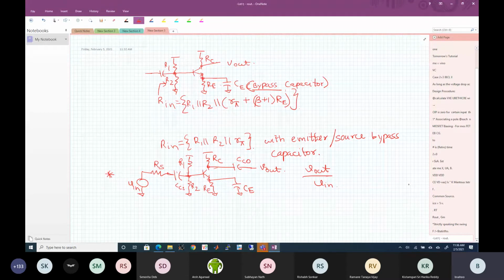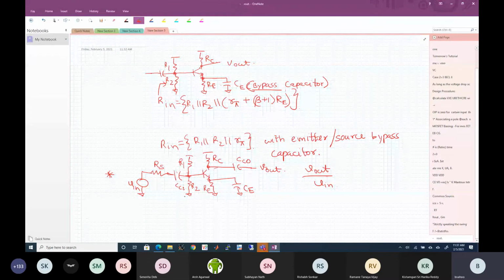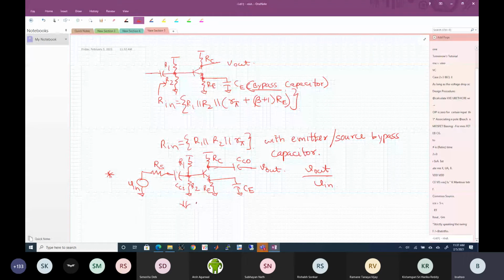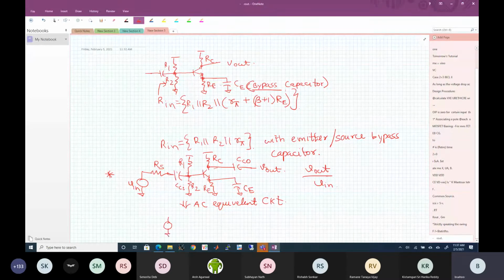That means the AC equivalent circuit of this will look like this. I'll short all capacitors, and all DC voltages will be connected to ground. I'm not drawing the small signal model, by the way, I'm just drawing the AC equivalent circuit.